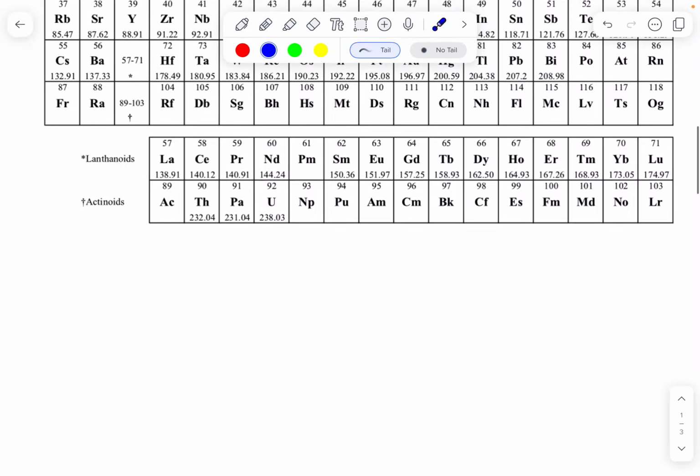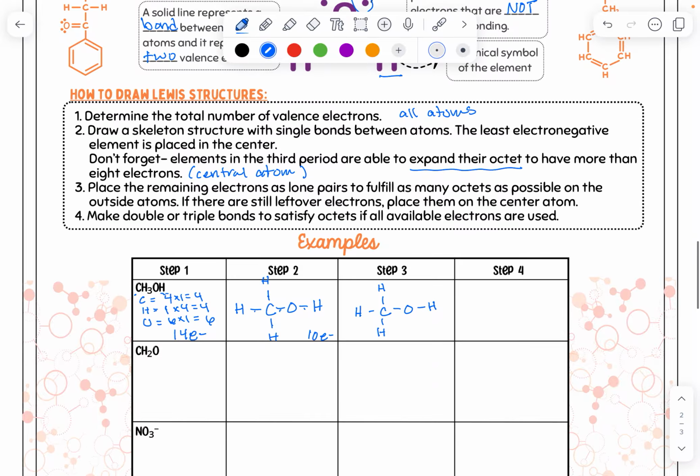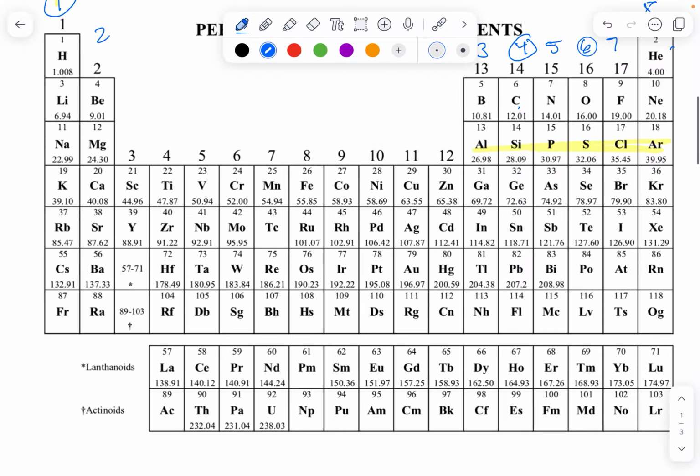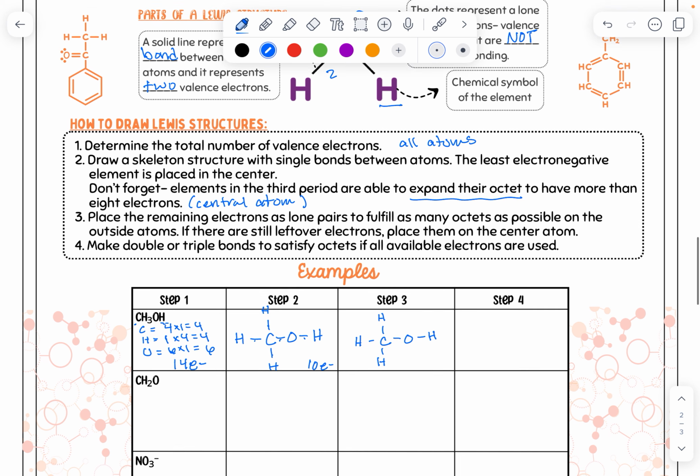So if I look back here, I see that carbon is not in the 3rd row, so it can't do an expanded octet, so it can only have 8 electrons. So carbon has 2, 4, 6, 8 electrons. It is satisfied. Hydrogen has 2 electrons, 2 electrons, 2 electrons, 2 electrons, so it is satisfied for the maximum electrons it can have.